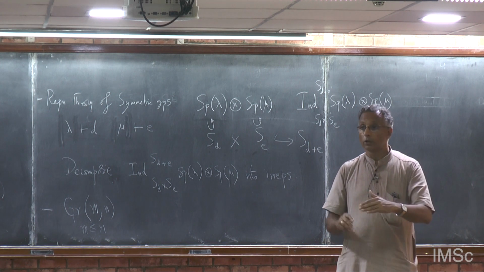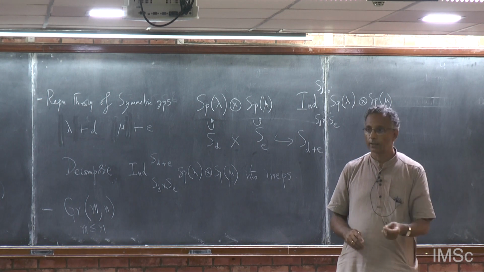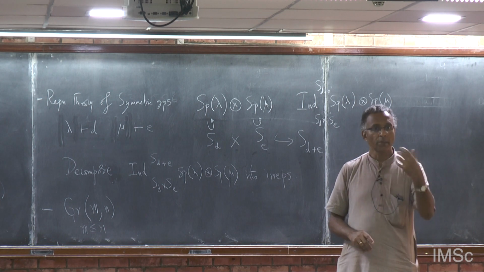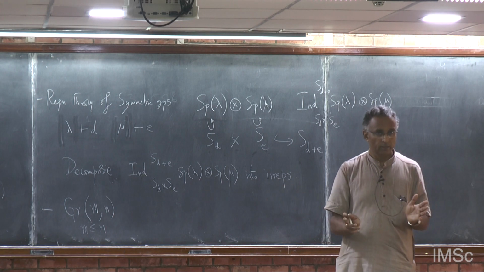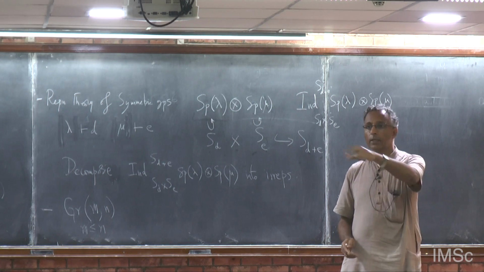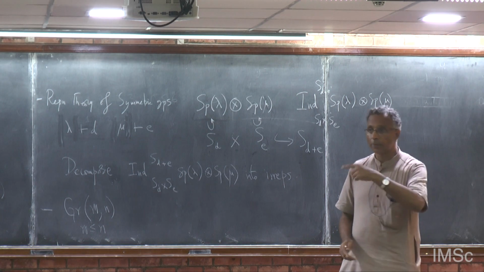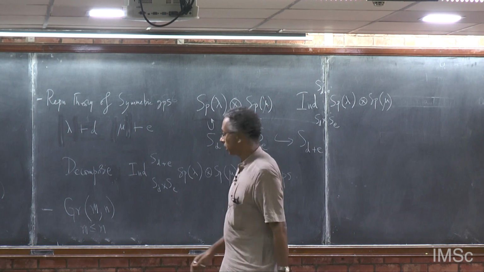Now, I am sure you would have seen the case m equal to 1. That is the case of projective space, right? All lines in a vector space of dimension n is P^{n-1}, the projective space.